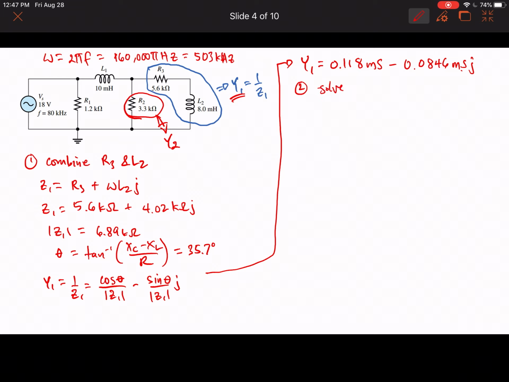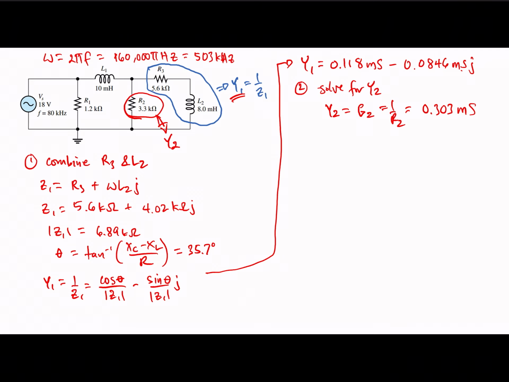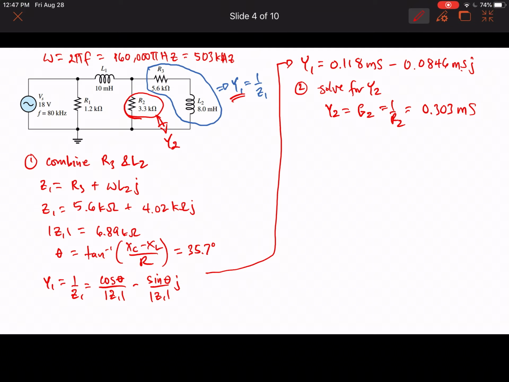So let's say Y2 is equal to G2, which is 1 over R2. And Y2 is just equal to 0.303 millisiemens.